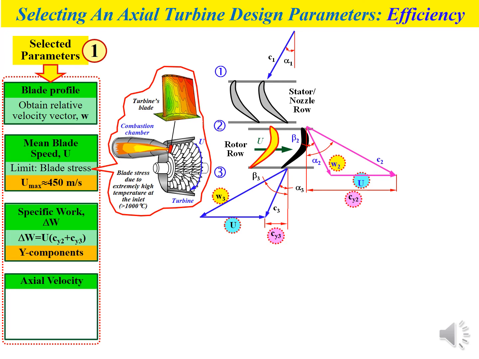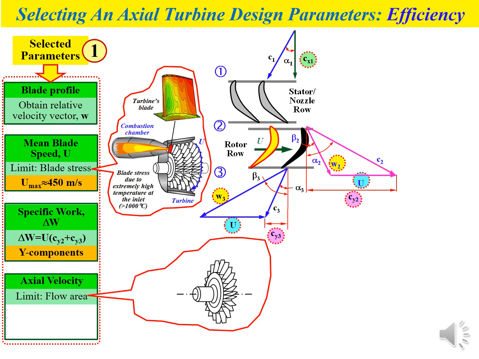Okay, the last selected parameter is the axial velocity, represented by Cx, the x component of the velocity vector. However, the value of Cx, the axial velocity, is limited by the flow area of the turbine rotor.